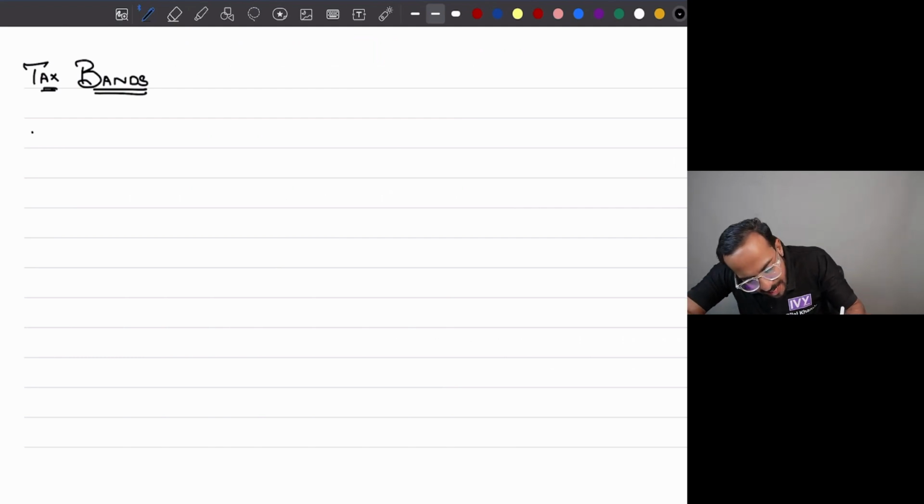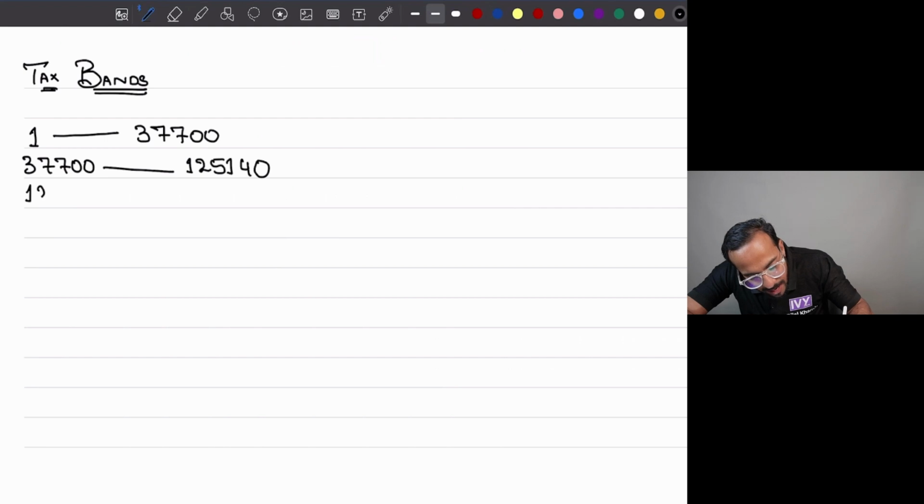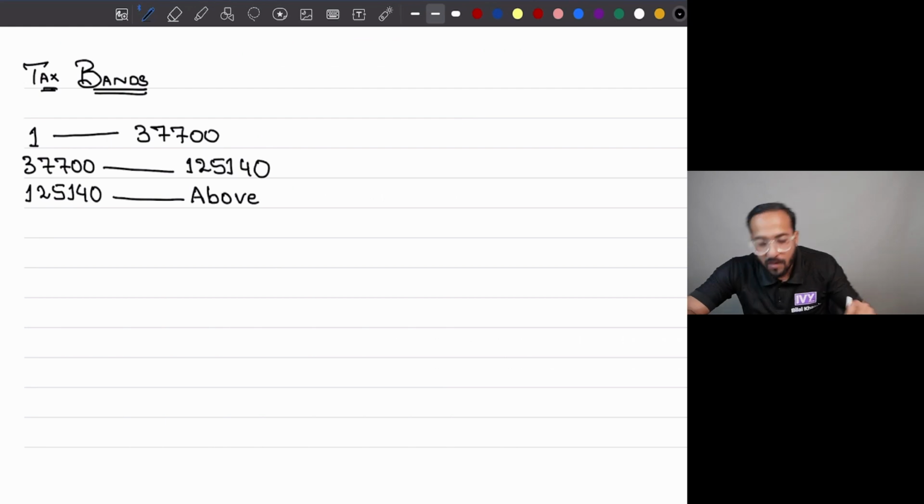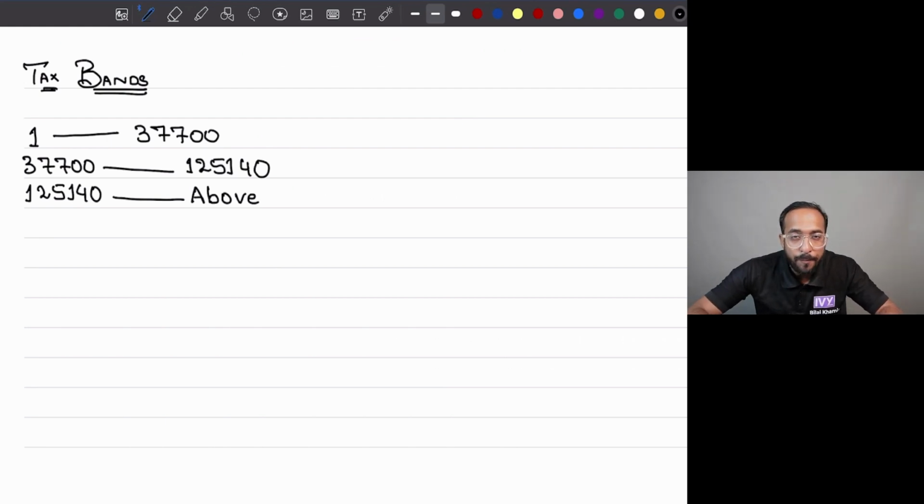So the first band starts from first 37,700. Then the second band starts from 37,700 till 125,140. The last band starts from 125,140 and so on. Got it? Now be focused over here.